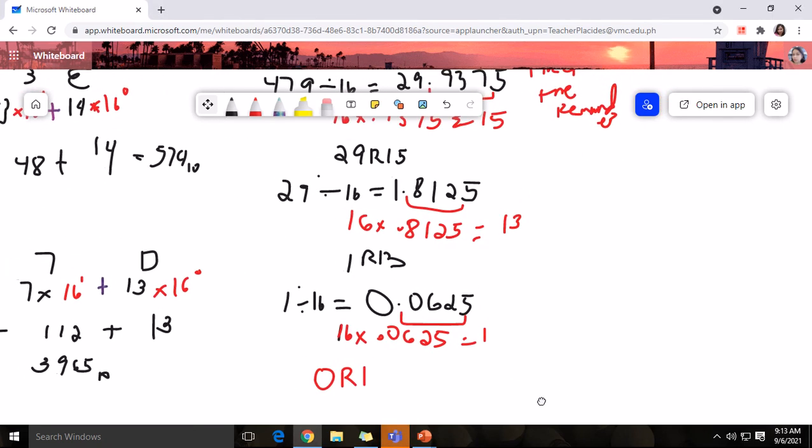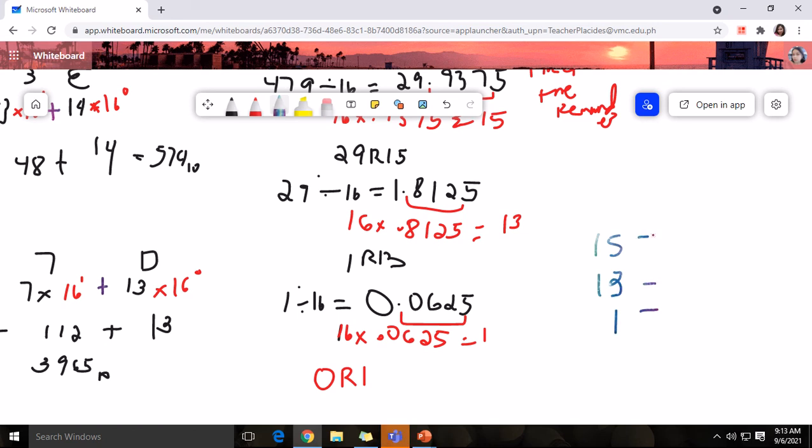Now, how to get the hexadecimal? We take all the remainders. Focus on the remainders: we have the 15, we have also the 13, and we have also the 1.